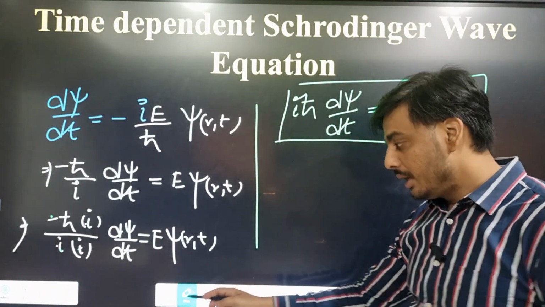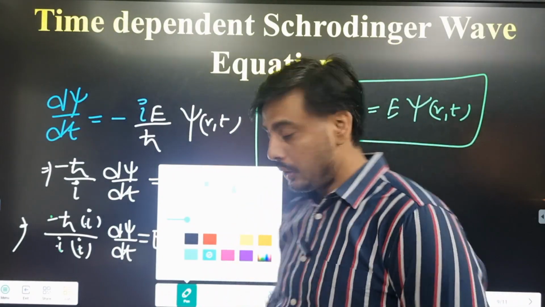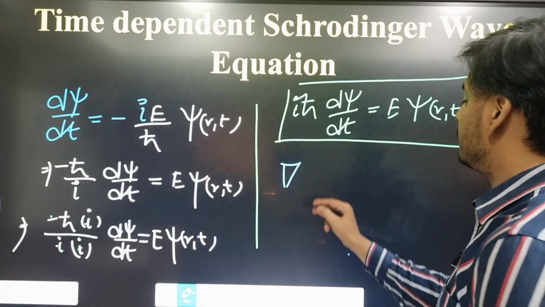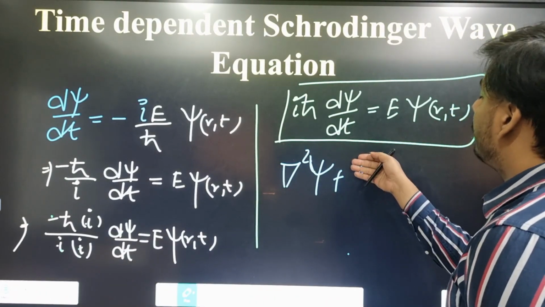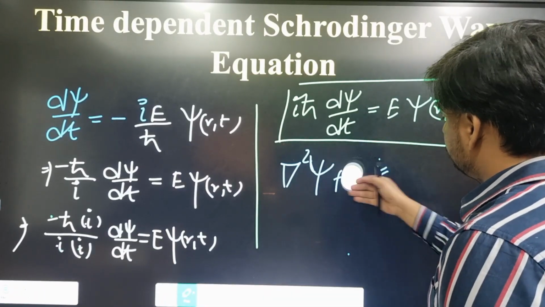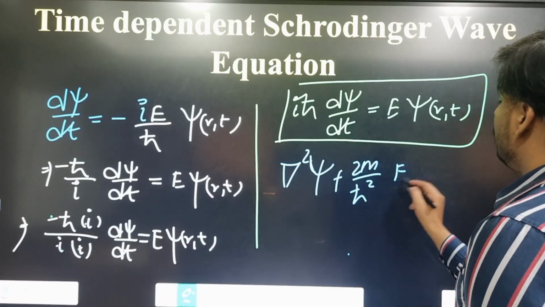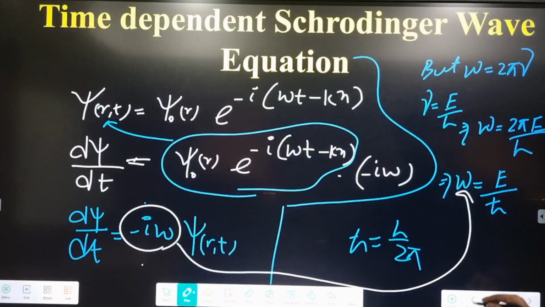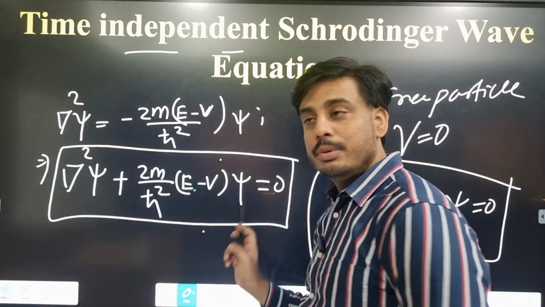We have to just use this value in the time independent equation. Already we have derived the time independent equation: del square psi plus 2m by h cross square (E minus V) psi equals 0.